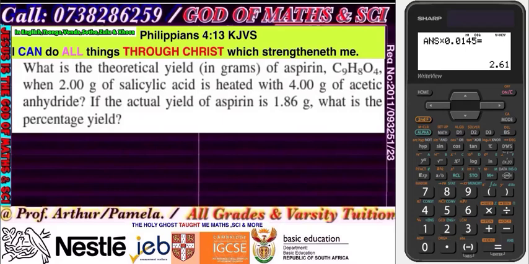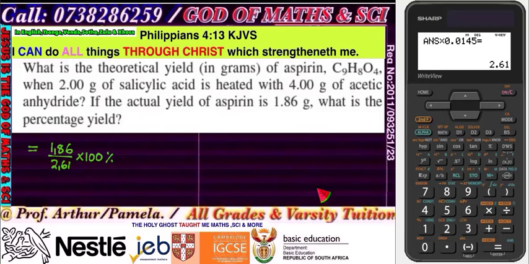But anyway, so let's do percentage. The percentage yield is going to be the actual number, 1.86, divided by 2.61, and we times it by 100%.